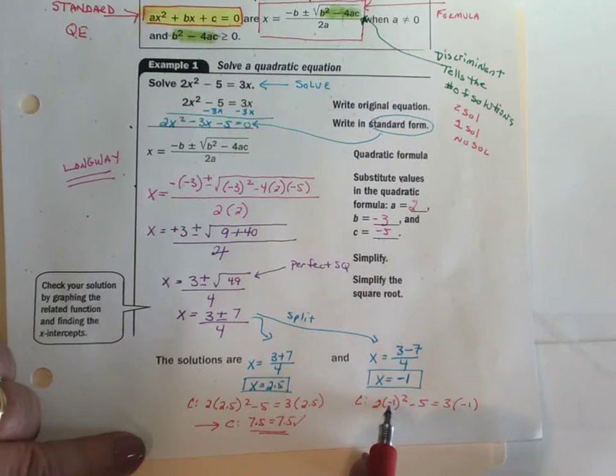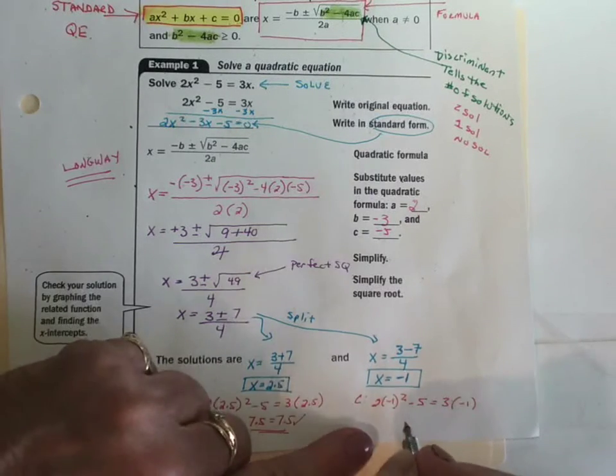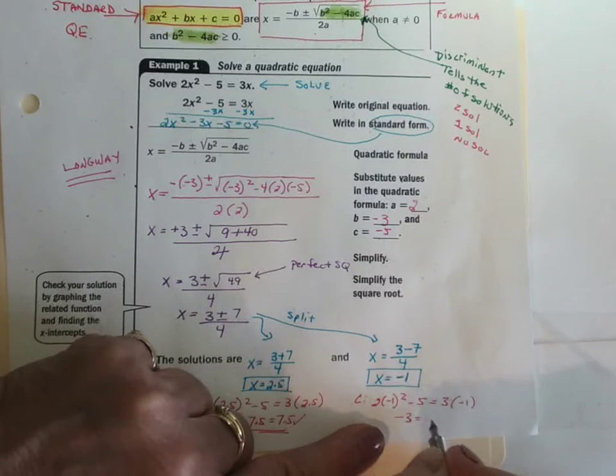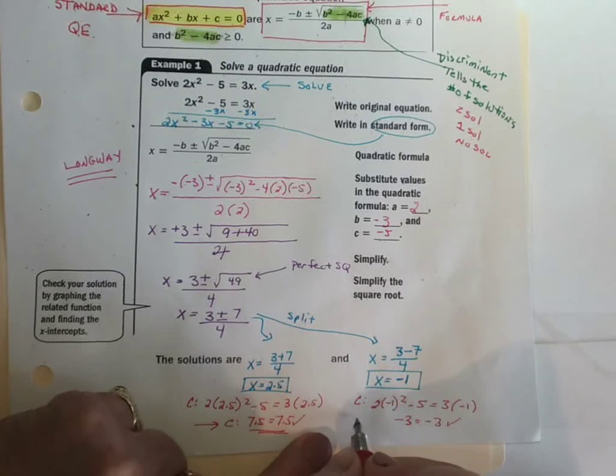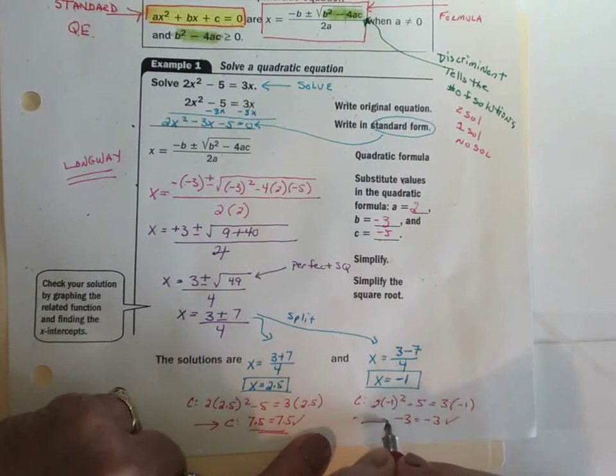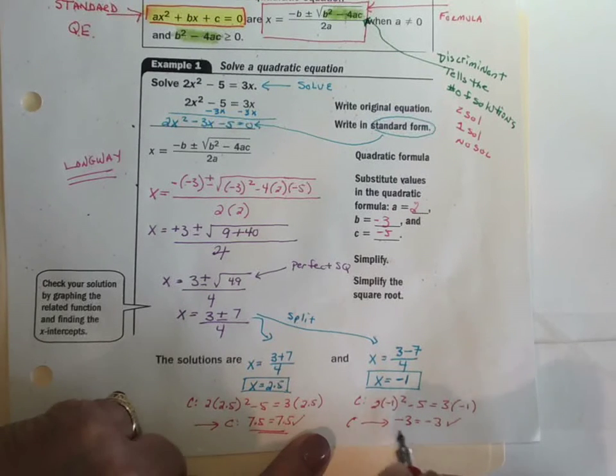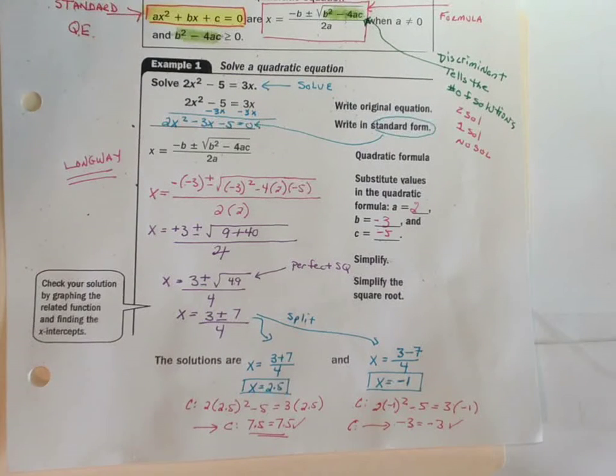Negative 1 squared is 1, times 2 is 2, minus 5. Negative 3 equals negative 3. It checks. So again, when you're doing your homework, I want to see this check statement. All right, so that is doing it the long way.